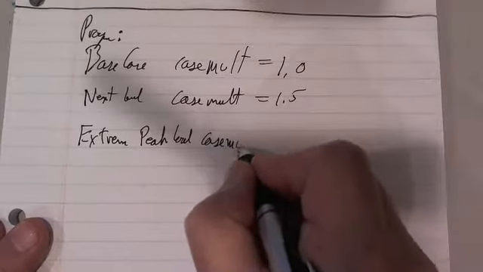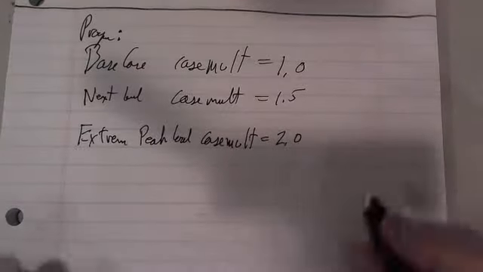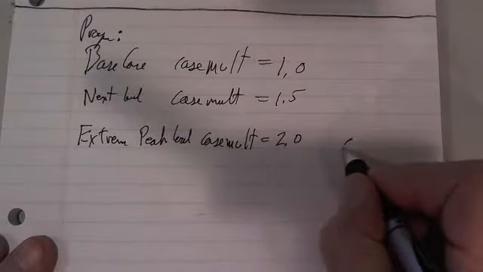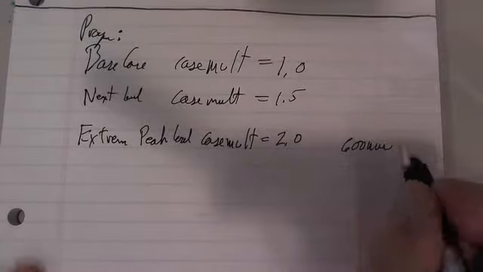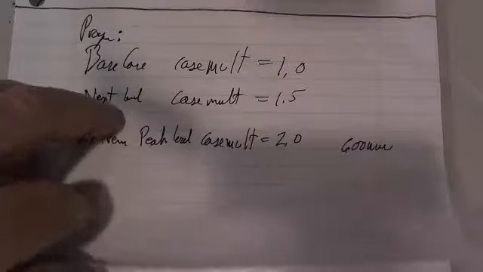Case mult equals 2.0. So in this case, we go to 600 megawatts on that system. And then it's going to start running outages. It just takes them one at a time. One transmission line, takes it out, puts it back, takes the next one, does the study, puts it back, and so forth.